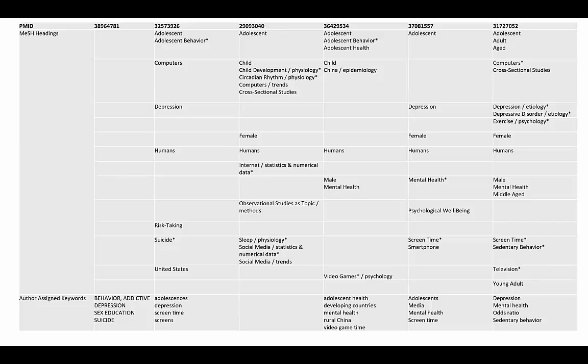The third one has just internet, so that's also a very broad topic. Then we see video games, and then we start to see screen time. Another issue here is that the age group really varies. We've got child here, and this last one has multiple age groups on it.